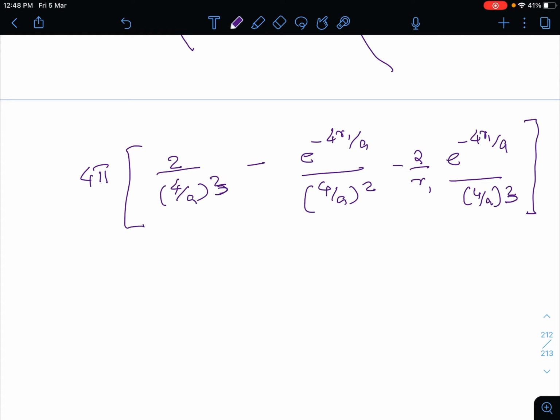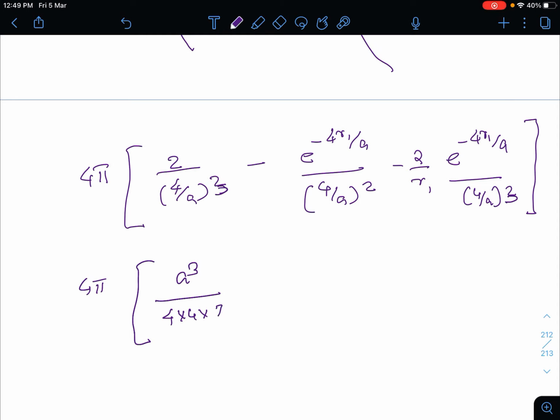Now let's take this. I can write A cube outside. So 4 pi into A cube divided by 4 cube. So that is 4 into 4 into 4. One 4 cancelled, and the 2 on top also cancelled.